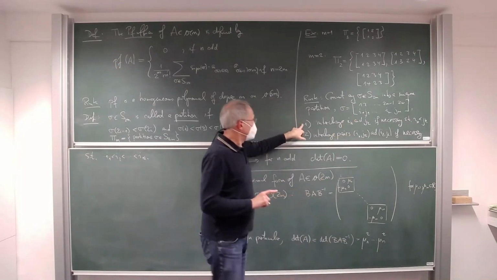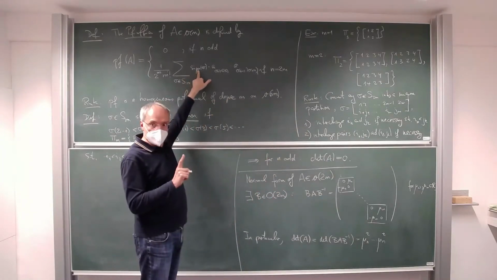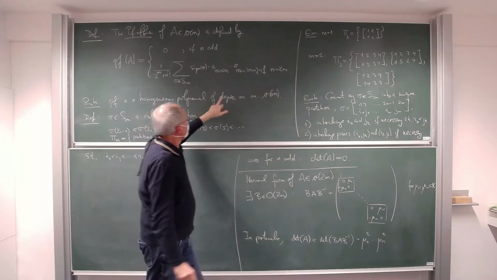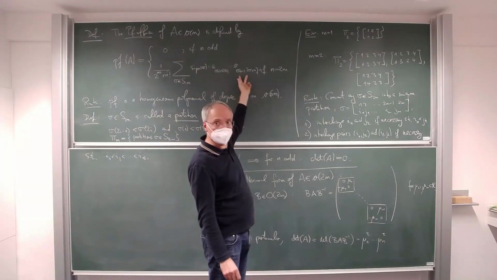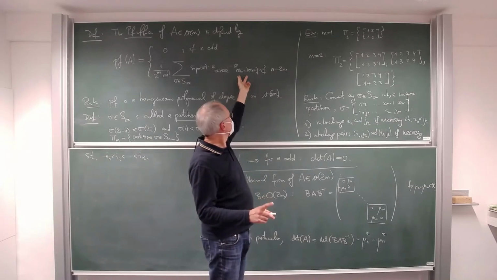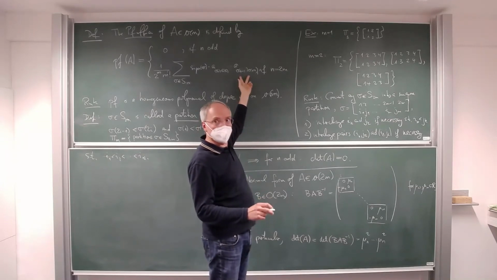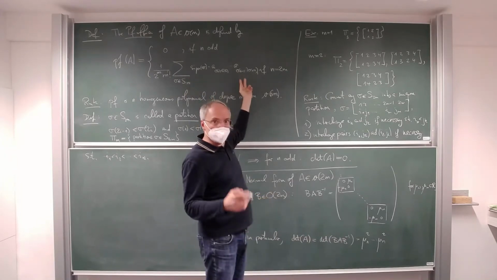So if we perform a step 1, then the sign of the permutation changes. But then we also interchange the indices in one of these factors. And now here we use that the matrix is skew-symmetric. So interchanging the indices in one factor also introduces a sign, so that the whole expression is not changed.